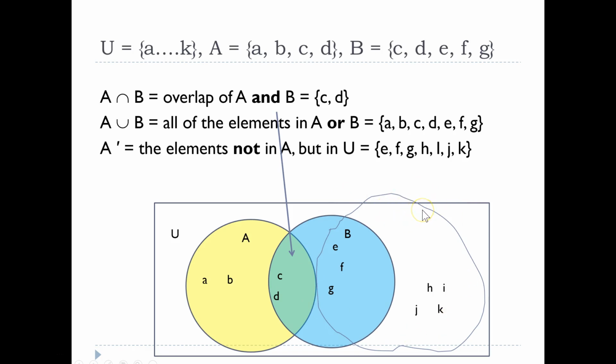All the things that are not in A, but that are in U. So basically anything that's not A, B, C, D, anything that's not those four letters. So that's this area here. That's everything that's not these four things in A. This is A here, right here. And this is the complement.